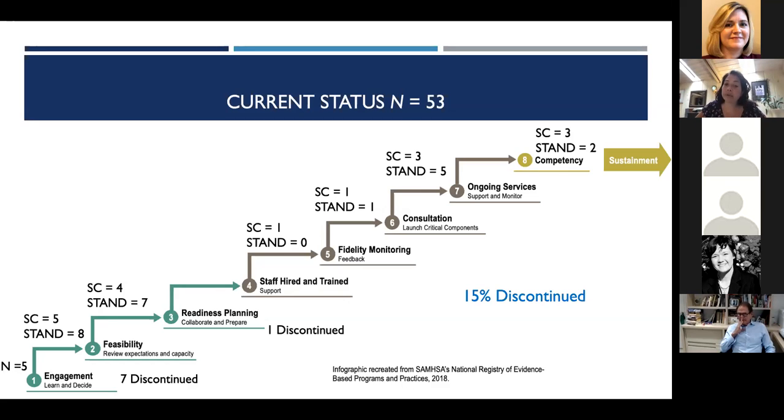From our trial right now of just 53 sites across these 3 evidence-based practices, and it's very early on, I understand, we're looking at 15% that have discontinued. But we're not seeing those differences between the coaching and the standard condition.